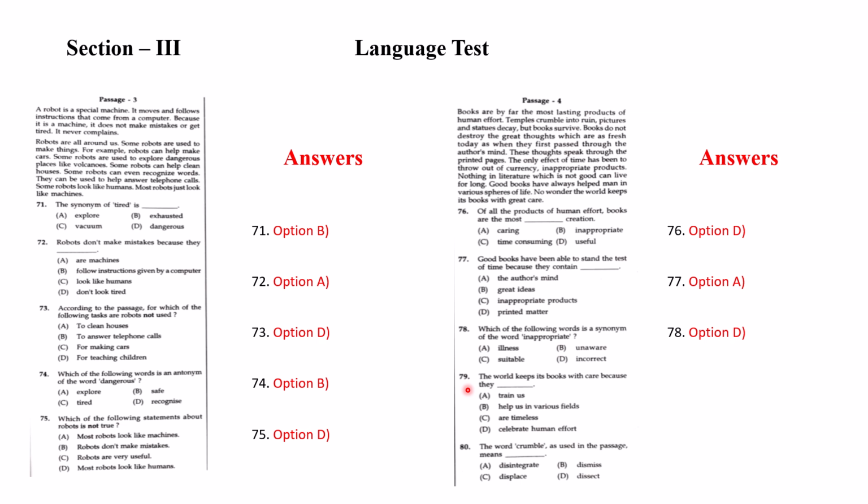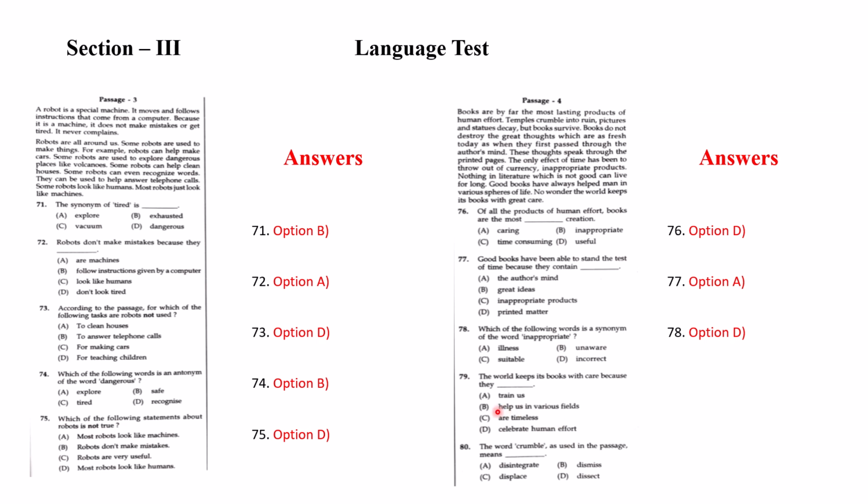Coming to question number 79, the world keeps its books with care because they train us, help us in various fields, are timeless, they celebrate human efforts. Because good books have always helped man in various spheres of life.